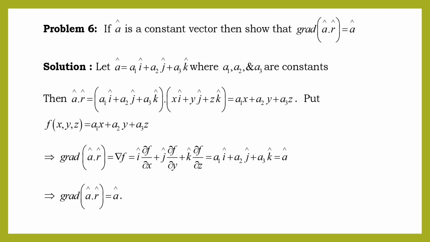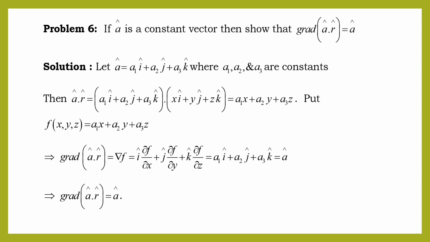That implies the gradient of a cap dot r cap equals i cap dou by dou x of a1x plus a2y plus a3z plus j cap dou by dou y of a1x plus a2y plus a3z plus k cap dou by dou z of a1x plus a2y plus a3z.